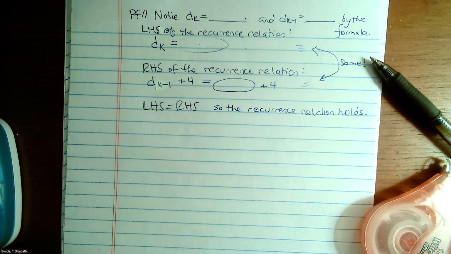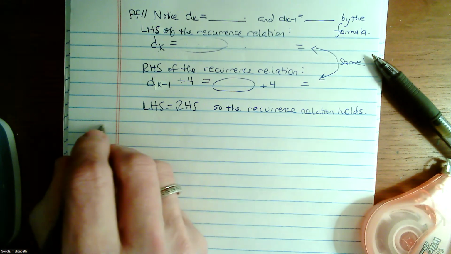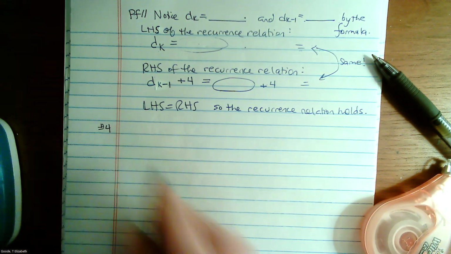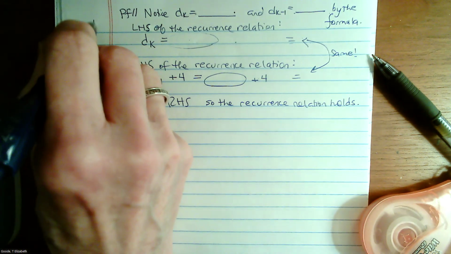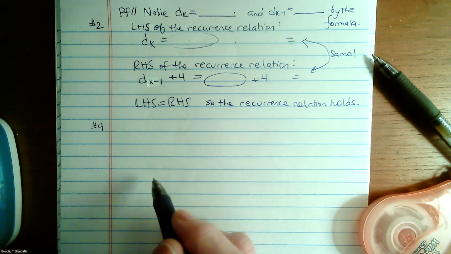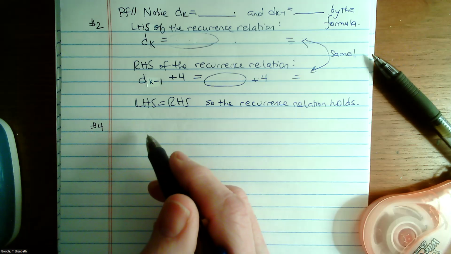Okay, and number four. Consider the set A of A, B, C, D, E, F, G, H. Really?